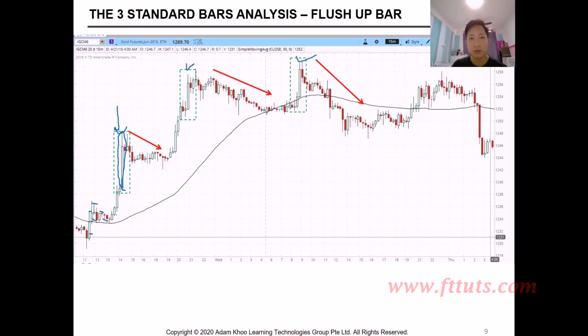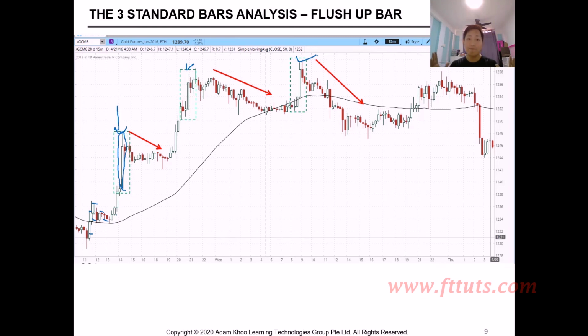This is definitely outstanding. And based on my trading experience, whenever I see a bar become outstanding green, a flush up bar, it doesn't mean that the market will come down 100%, but in trading language, the probability of the market continuing to go up becomes lesser, and the chance of it coming down is much higher.